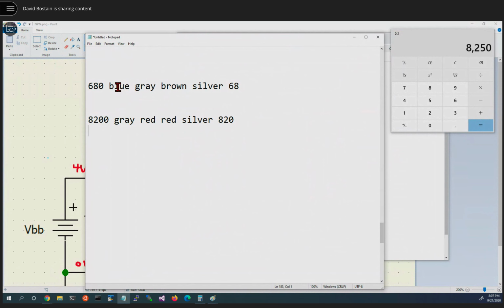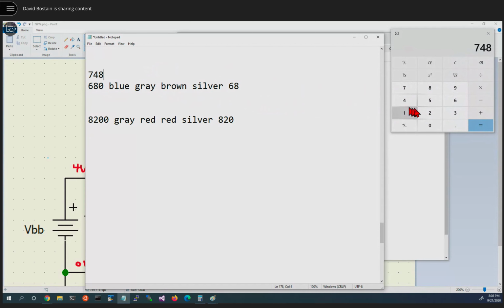Okay, so we can work on this piece of paper here just fine to do our math. It's a little quicker than, well, not with my typing, but you get the idea. So we need 680 plus 68. This could be 748.